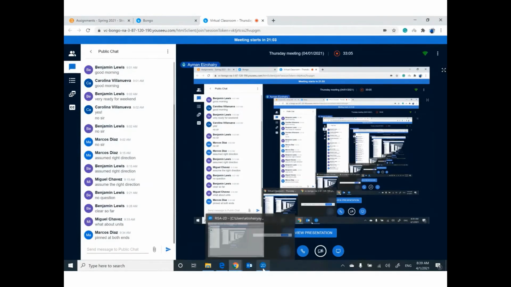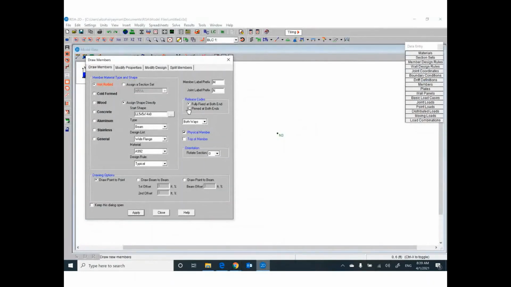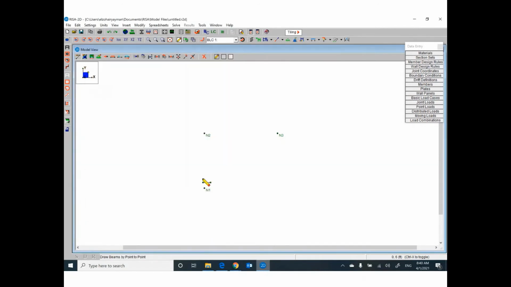Yes, we must select this option, bend at both ends. If you don't select this option, believe me, you are not drawing a truss. You are drawing something else, a beam or frame. You have to select bend at both ends. Apply. Go ahead and draw your members.